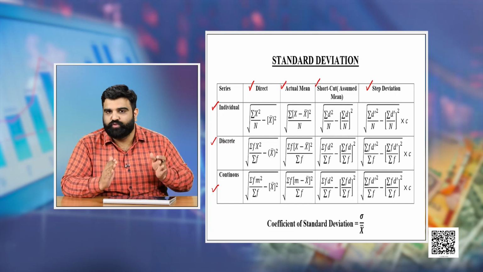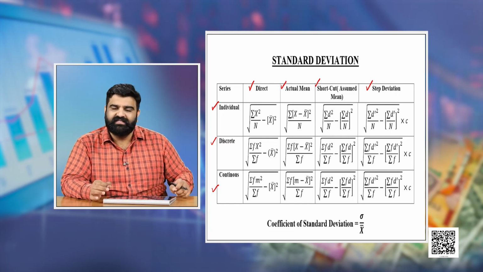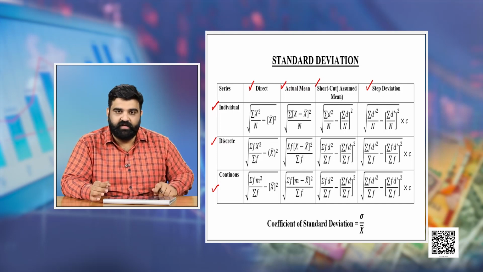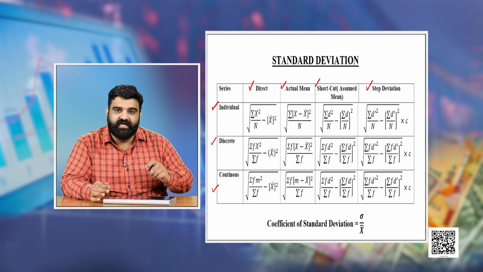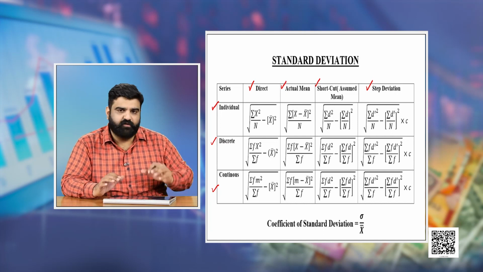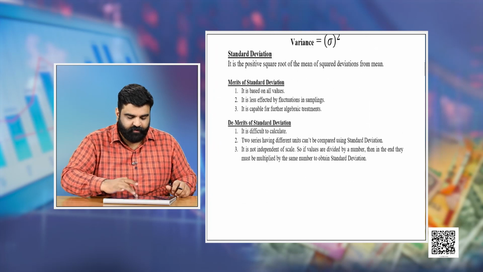Step deviation method is similar to the shortcut method, but we take out a common factor from d, which is why it is known as d dash, and in the end we multiply by c to get the desired answer. Let us not waste time and move on to the questions for standard deviation.